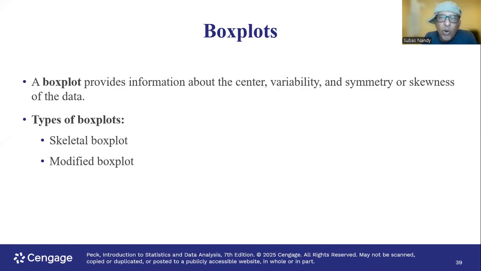Why do we make box plots? We make the box plot because we can locate the center of the data, the variability or the spread in the data from the lowest to the highest, and if there is symmetry or skewness of the data. Remember, skew means either an extended tail on the right in the data set or an extended tail on the left in the data set.